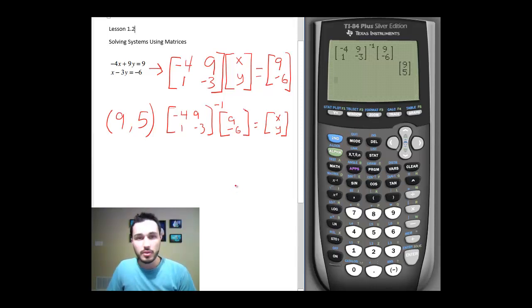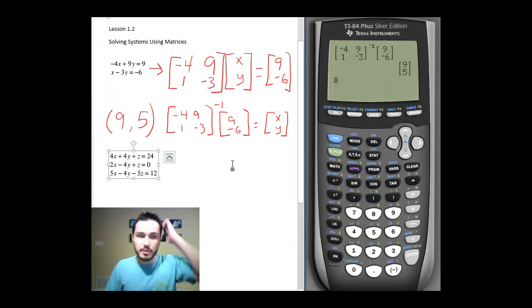But you know what? When you're using the calculator, you could do really anything. I could go three systems, or three equations with three variables, which is what we'll practice doing next here. So let's take one, and we'll do a similar thing here. Again, I just want to focus on the calculator skills, because that's what's important here.